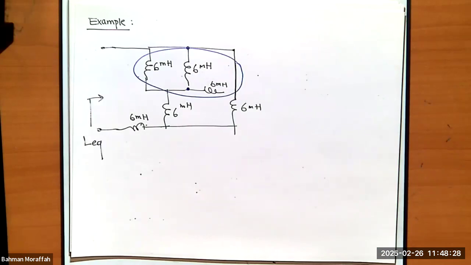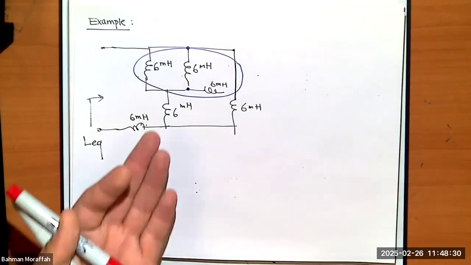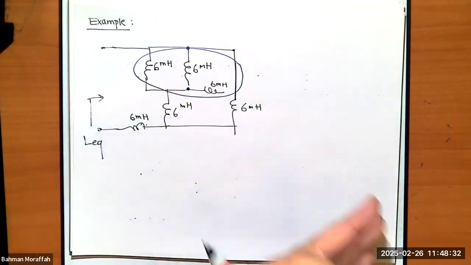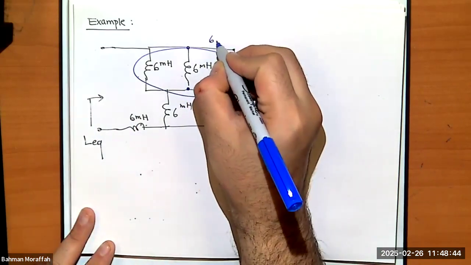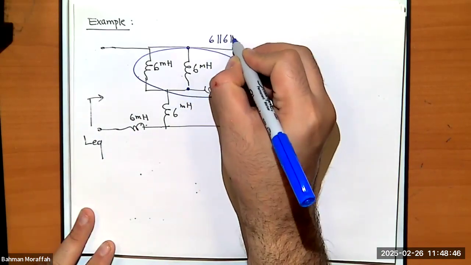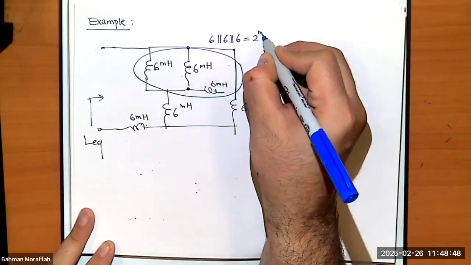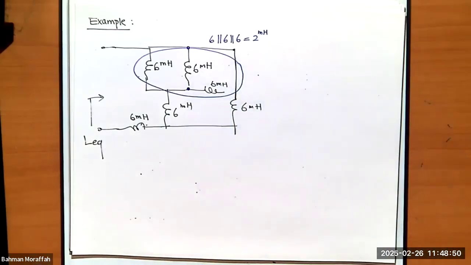You agree with me? So if I have three inductors in parallel, what is the equivalent? They all got the same value, so it's going to be 1/3 of that. So the equivalent here is 6 in parallel with 6 in parallel with 6, which is 2 millihenry.